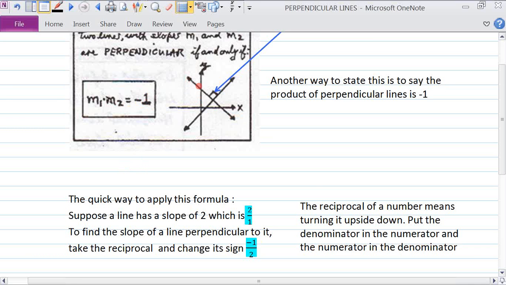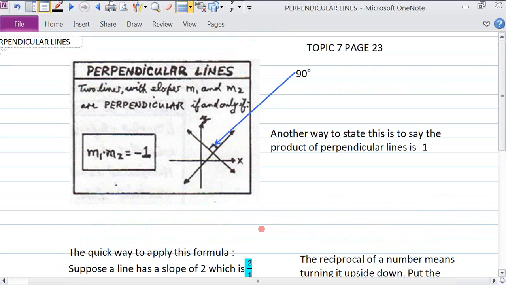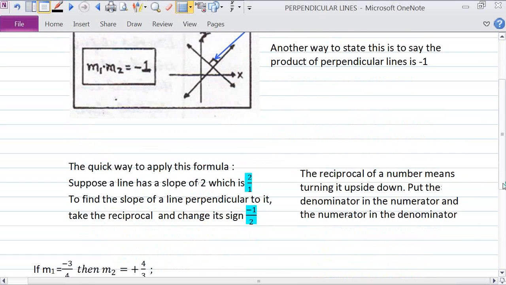If I know the slope of this is m1, and I call the slope of this m2, the product of their slopes must equal -1 if the two lines are perpendicular. If we multiply the product of their slopes, and it doesn't equal -1, then the lines are not perpendicular.